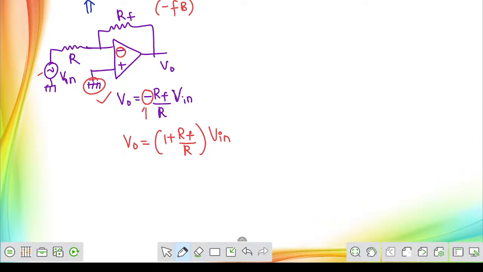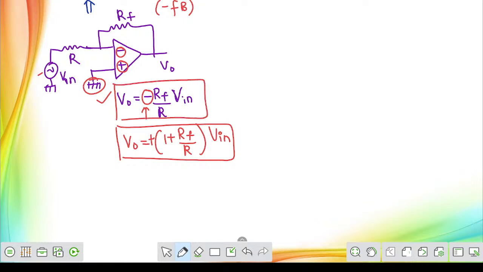That's why we get this negative sign. If the supply voltage is given across the non-inverting terminal, there is no inversion between input and output; the phase shift is 0 degrees. This is for the non-inverting operational amplifier, and this is for the inverting operational amplifier. Right, sir? These things you must remember. That is the basic difference between the inverting and non-inverting operational amplifier.